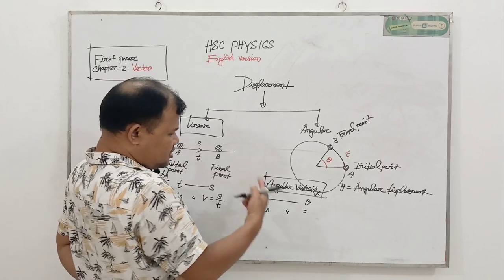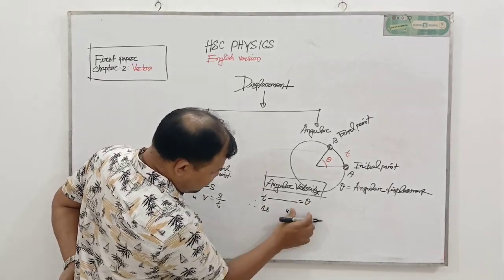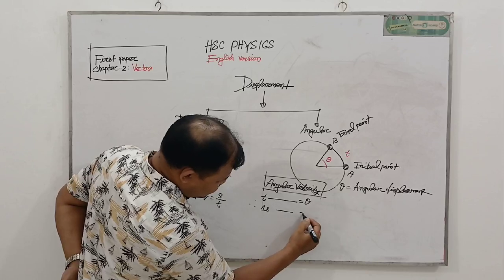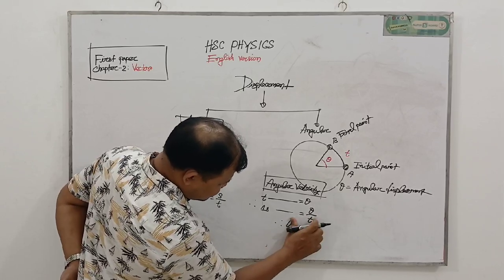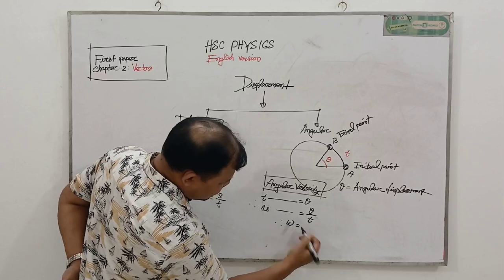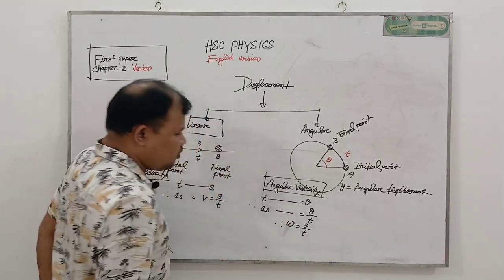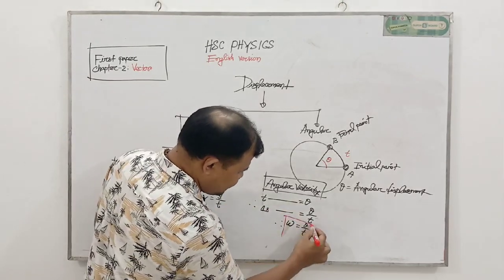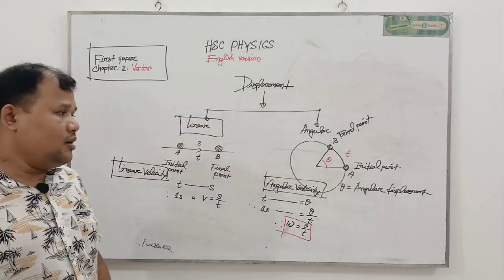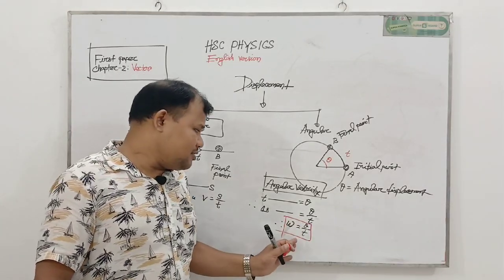So for time t, the angular displacement is theta. For 1 second, the angular displacement will be theta divided by t. This theta divided by t is called angular velocity. We represent angular velocity by the Greek symbol omega. Omega is angular velocity.